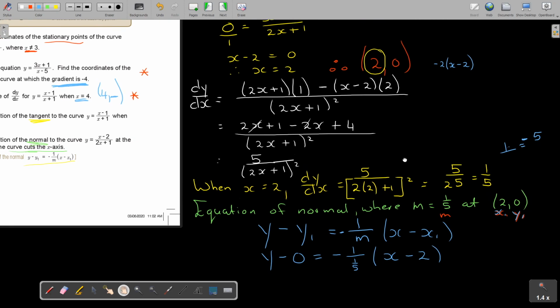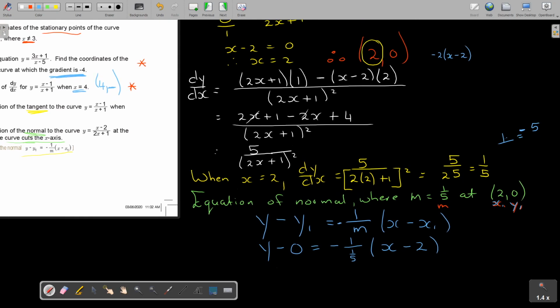And then if I simplify that, y is just going to become negative 5. Don't let it confuse you. I just didn't turn it around there because the formula turns it around and changes the sign. So then y is equal to negative 5x plus 10.